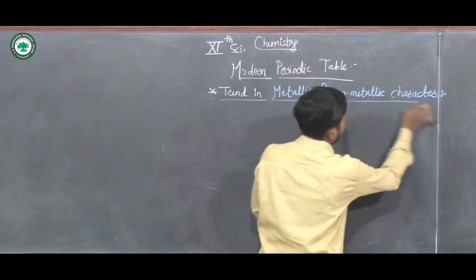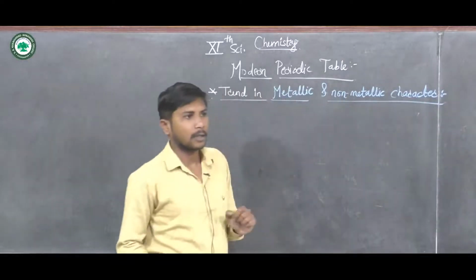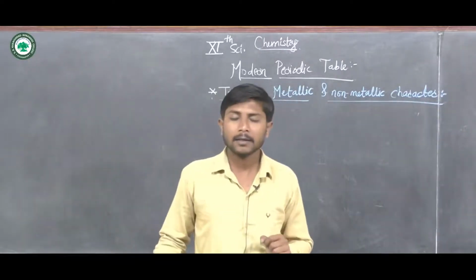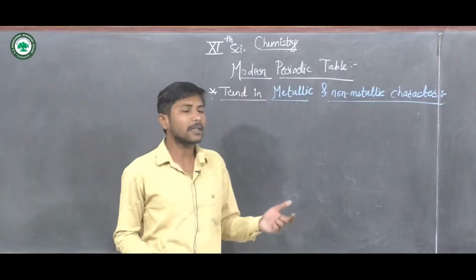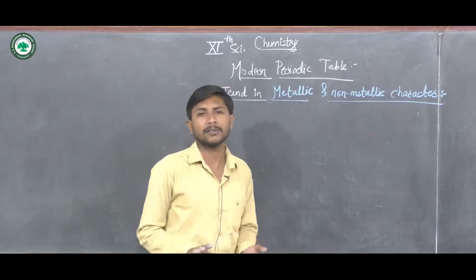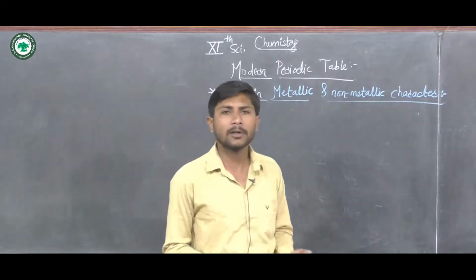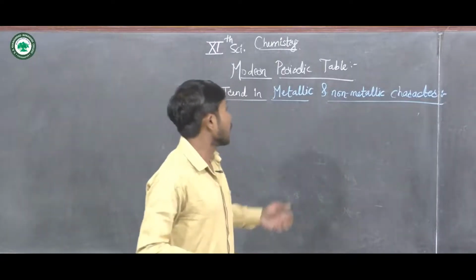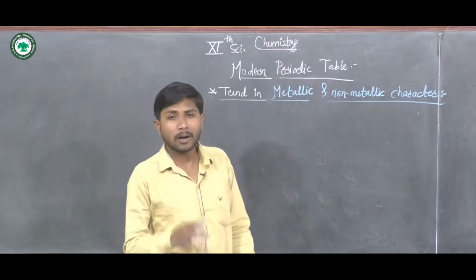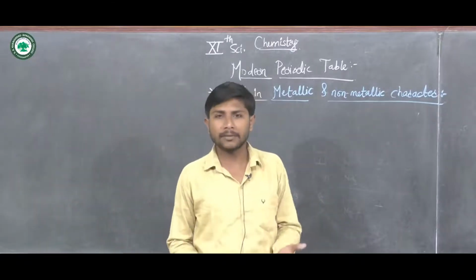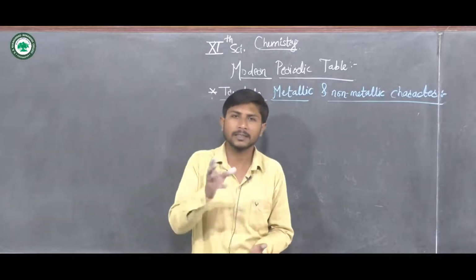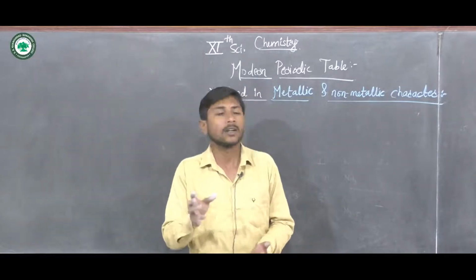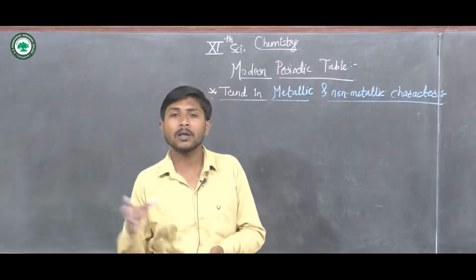metallic and non-metallic character. In the modern periodic table, all three kinds of elements, metals, non-metals and metalloids, are present. Metals are placed to the extreme left, meaning the elements of group first and second, and non-metals are placed to the right hand side.